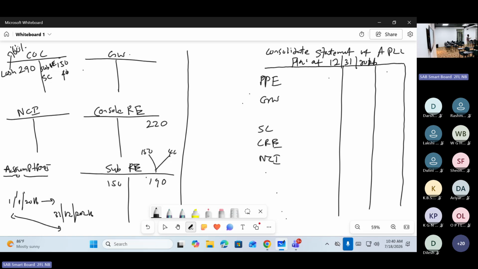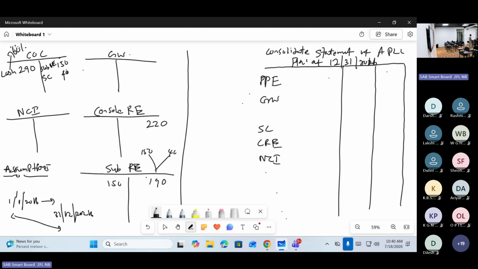Put an assumption: as at the acquisition date of B, NCI fair value is equal to the book value. Then calculate it.